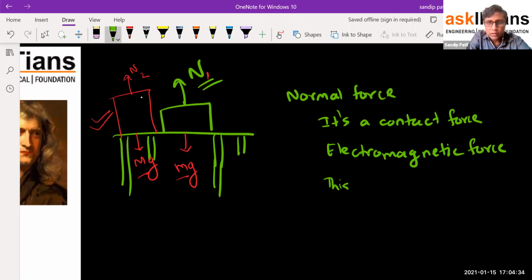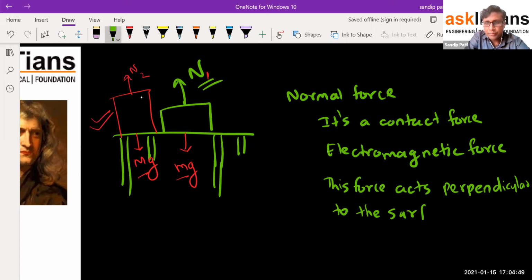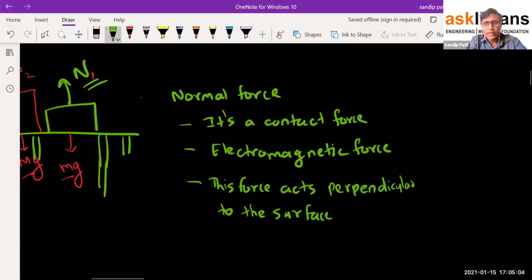This force acts perpendicular to the surface. Now let's see what is the meaning of this. So these are the three points which are very important for us. The third point, as I was saying, this force acts perpendicular to the surface, means what? Let's see.